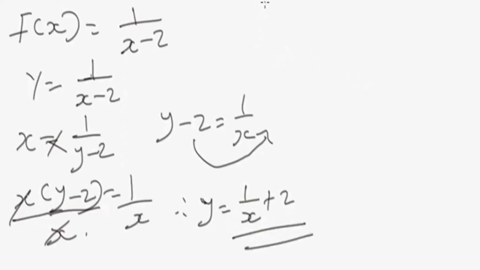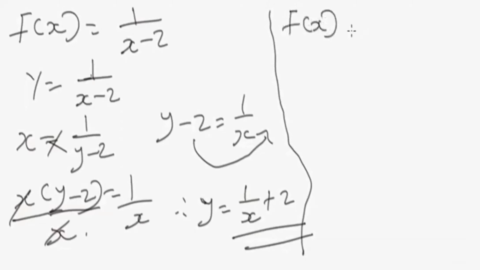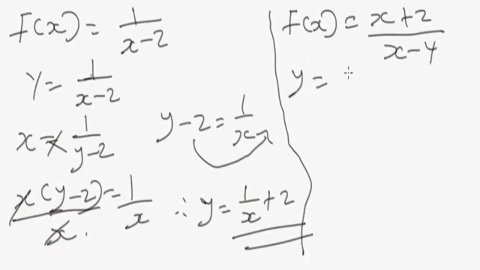Okay, so let's solve one more example. Let's say I'm given this function f of x equals x plus 2 over x minus 4, and you're asked to find the inverse of this function. As usual, you're going to replace f of x with y. So we're going to have y equals x plus 2 over x minus 4.